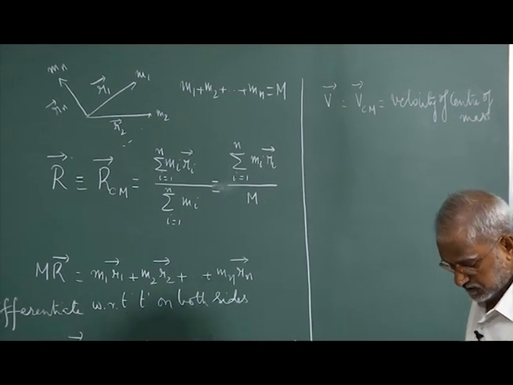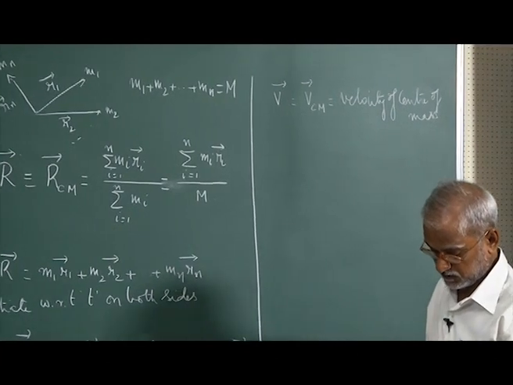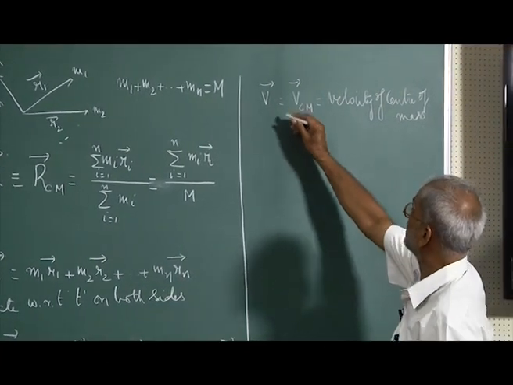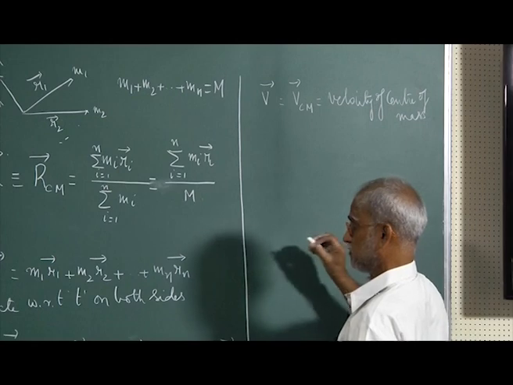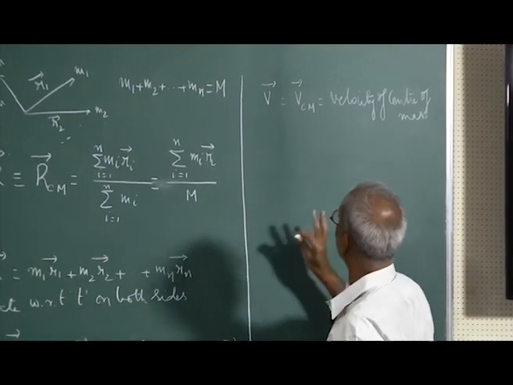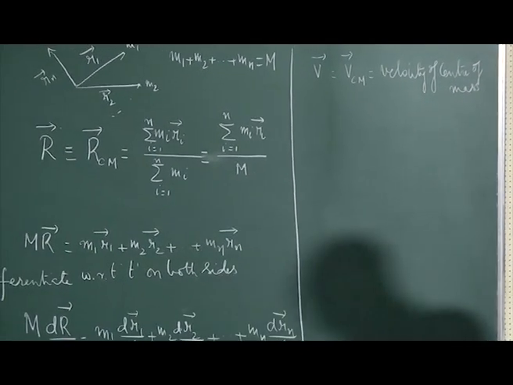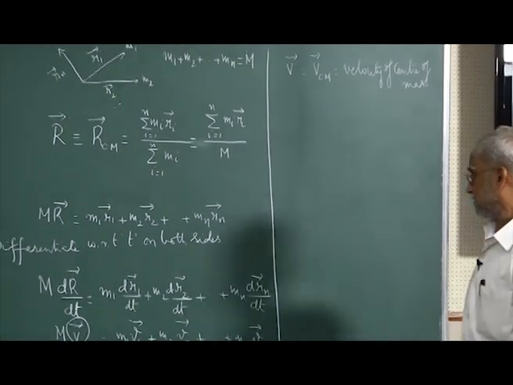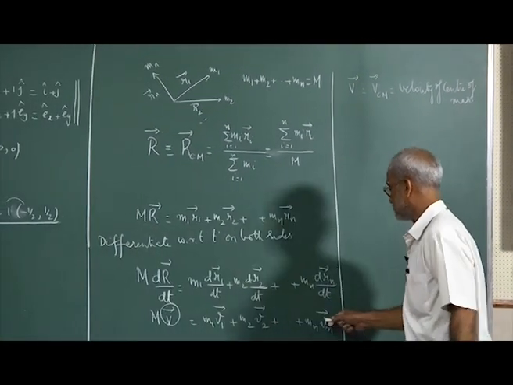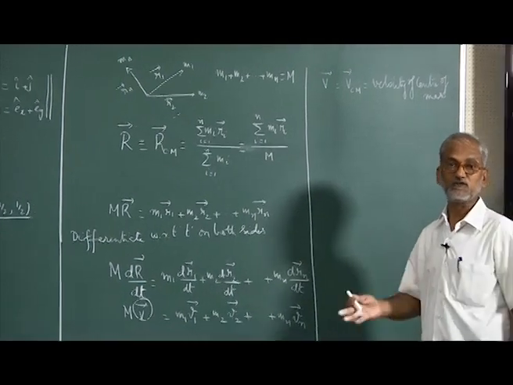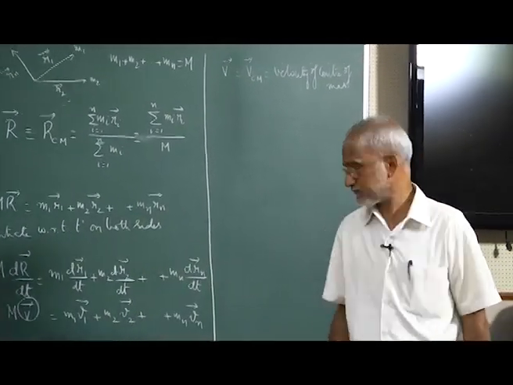So, this is the expression for the velocity of center of mass. If you want we can bring this M here and have a nice expression, this is good enough. Now, we will again differentiate this with respect to time, because velocities also keep changing.